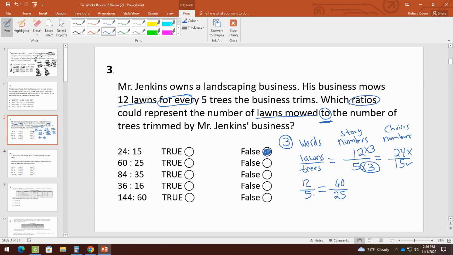You could also do this: 5 times what gives me 25? Well, 5 times 5 gives me 25. That gets a check. What you do on the bottom, you have to do exactly the same thing on the top. So 12 times 5, you can go to the side and see how much it is. And guess what? It's going to be 60. Check also. So guess what? This one would now be true.